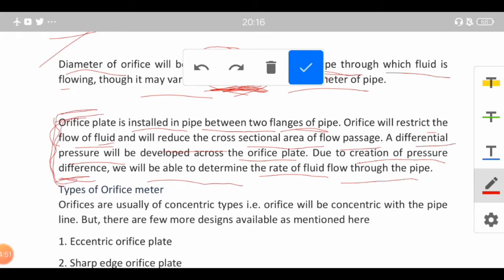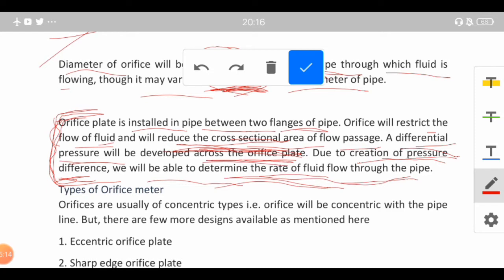There is quite a similar reason why the orifice plate will be used for flow measuring, and it is because there is a reduction of the cross-sectional area, and this causes a differential pressure across the orifice plate. Due to this difference of pressure creation, we will be able to determine the rate of fluid flow through the pipe.